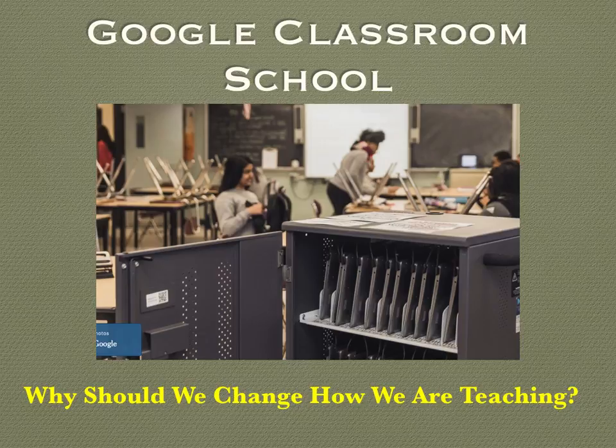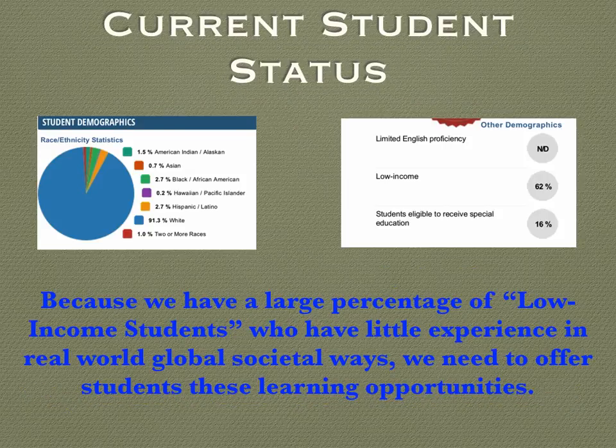Well, first of all, I did some research looking at our current student status, and I noticed that our student demographics are still the same. We do have a large percentage of white population, a very small percentage of African American students and Hispanics.